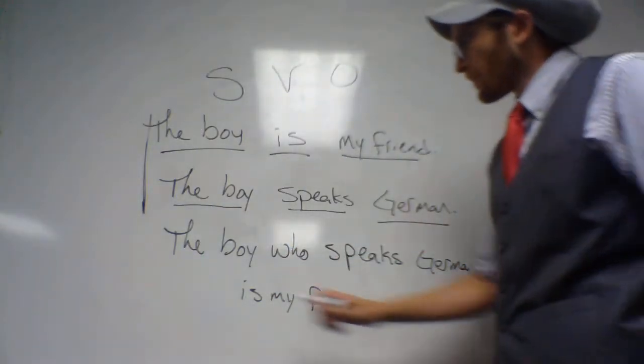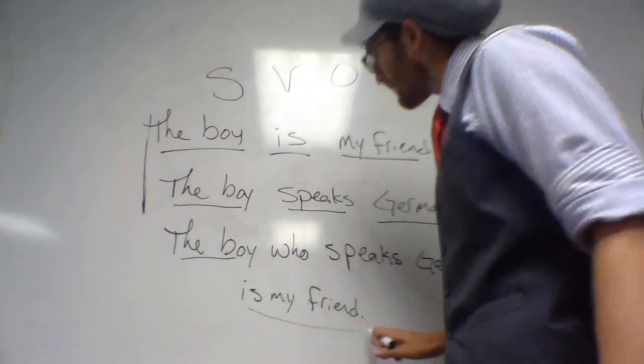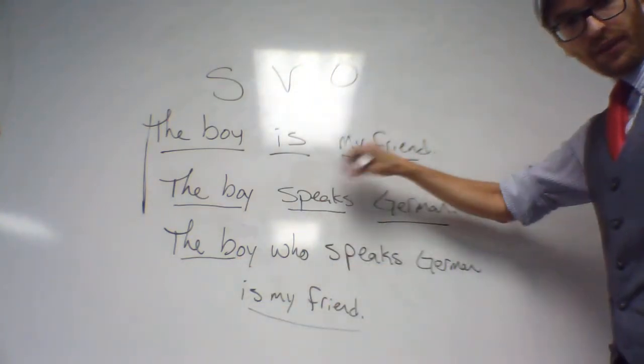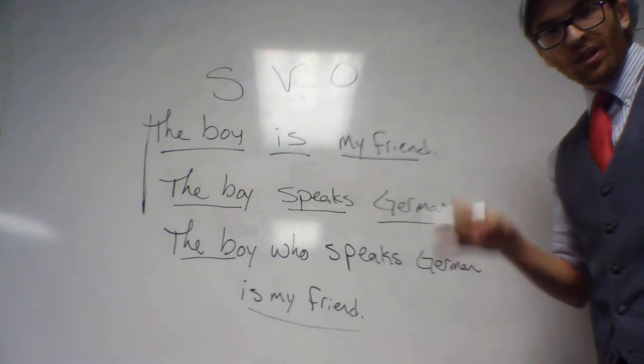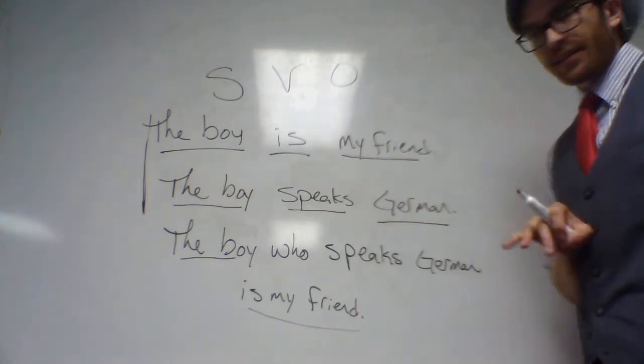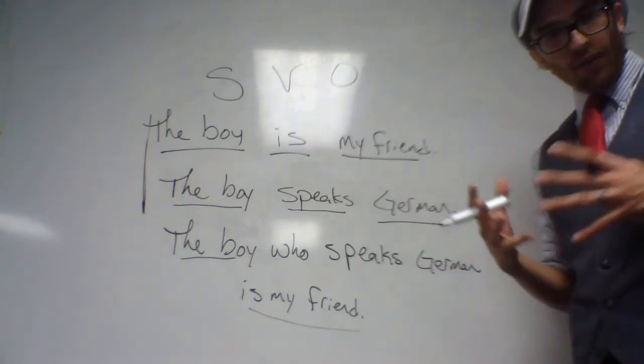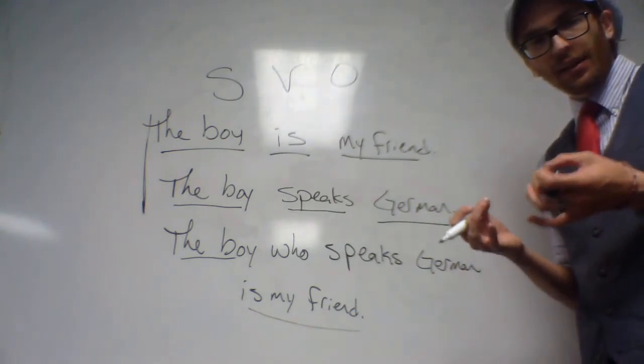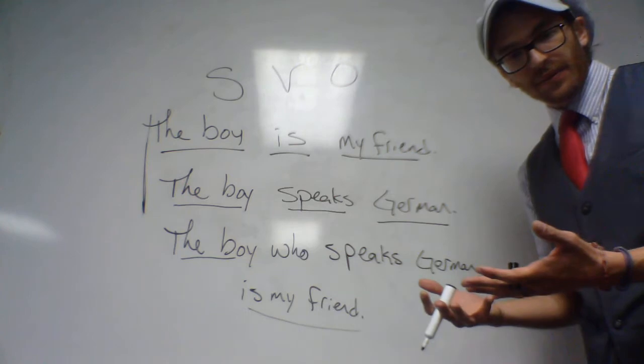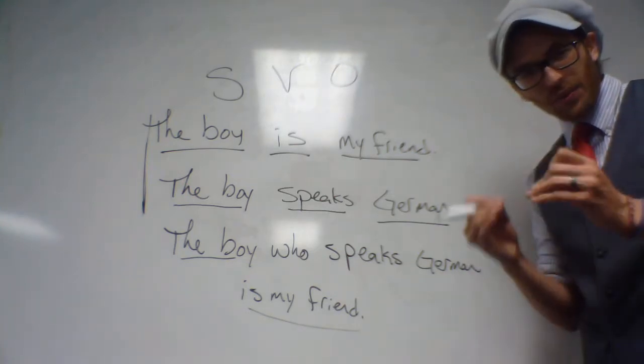Well, of course here, the boy is my friend. It's the same as was above here. But what did we do? We inserted the second sentence as a relative clause. We have cut down on the word count. We have made the statement more concise. Okay, but how did we do this?